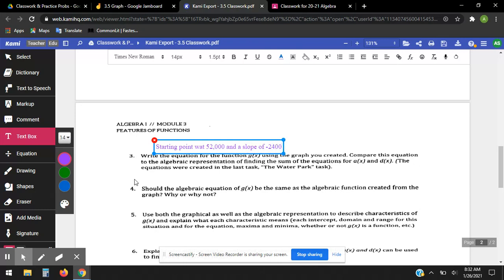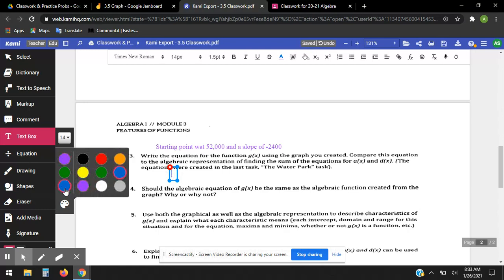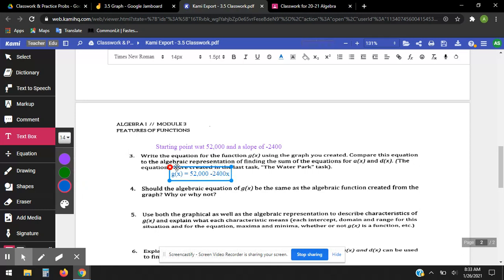Given this information, we come up with an equation, let's do it in blue: G of x equals the starting point, 52,000, minus our slope, because that's what we're repeating each time. So according to our graph, we had the starting point here, and with our two points we found this slope.